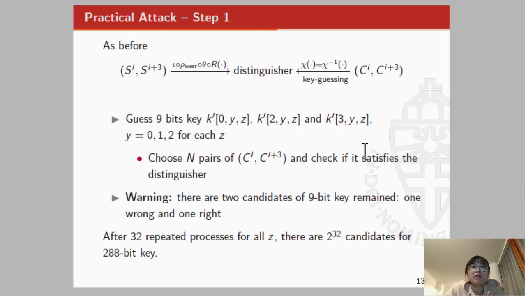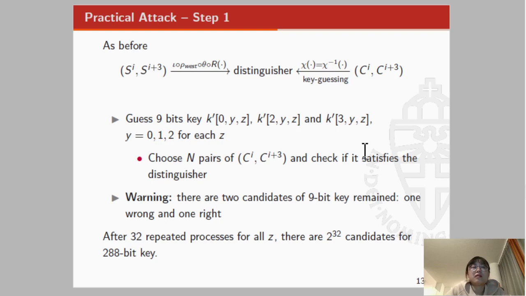If so, the 9 bits k we guessed is the right k. Please note that there are always 2 candidates of 9 bits k remained, 1 wrong and 1 right.